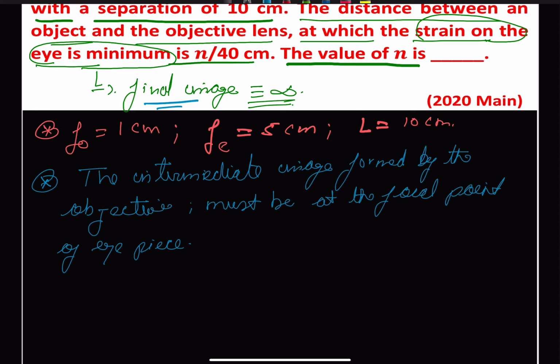Which basically means that it will be 5 centimeter in front of the eyepiece, because the focal length of the eyepiece is given as 5 centimeter.